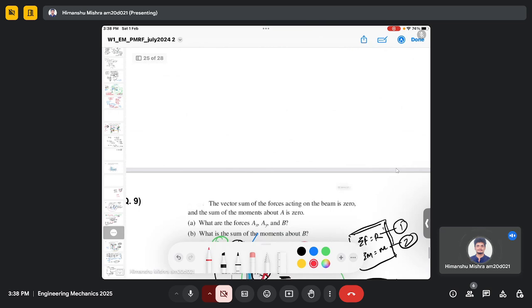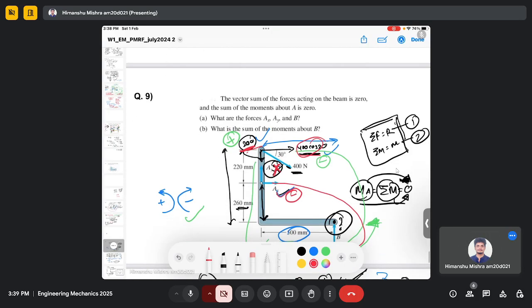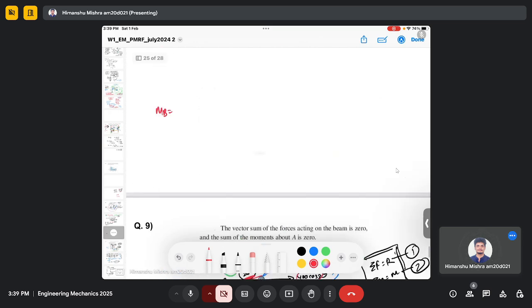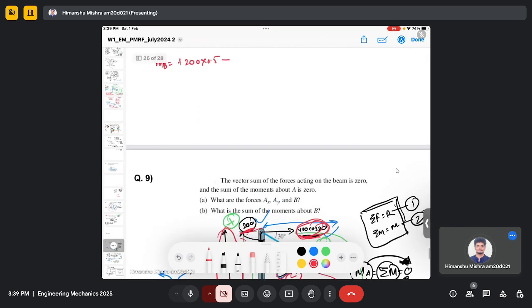So let me solve here only. So moment at point B will be plus 200 multiplied by 500 millimeter, which is 0.5 meter. Then 400 cos 30 multiplied by this perpendicular distance, which is 220 plus 260, which is 480 millimeter, so it is a negative moment. 400 cos 30 Newton multiplied by 0.48 meter.